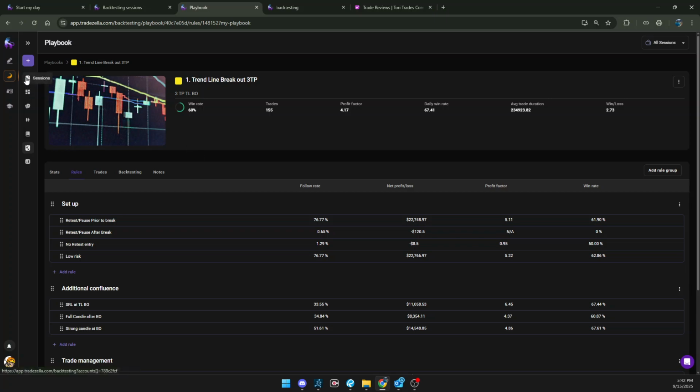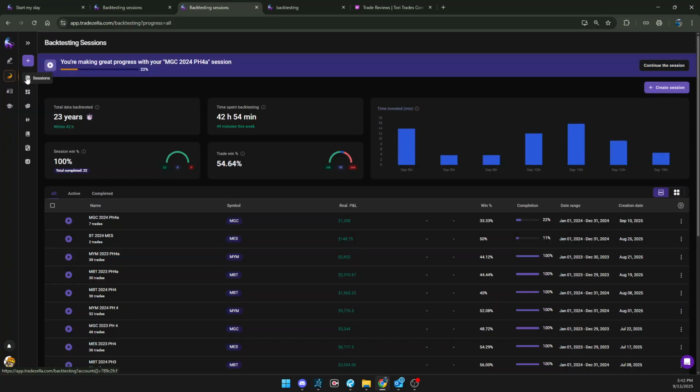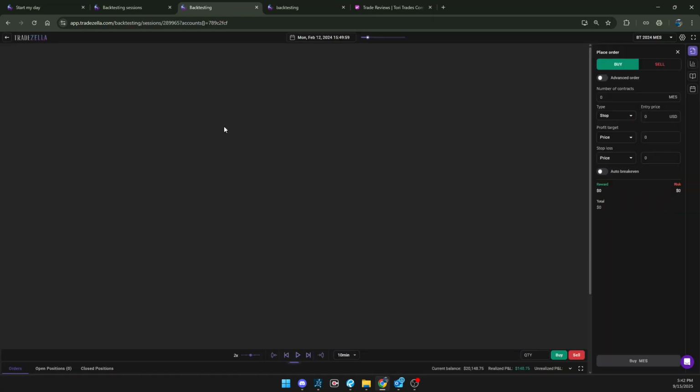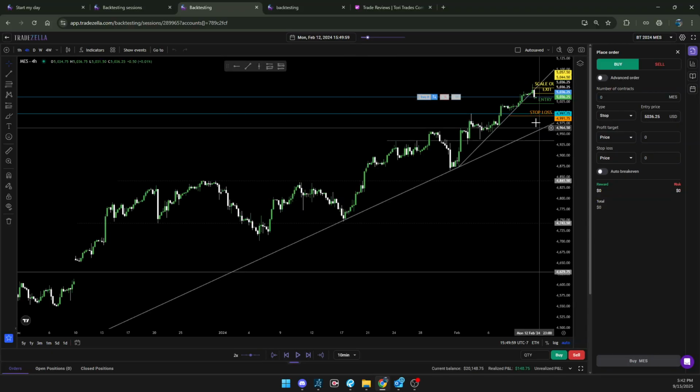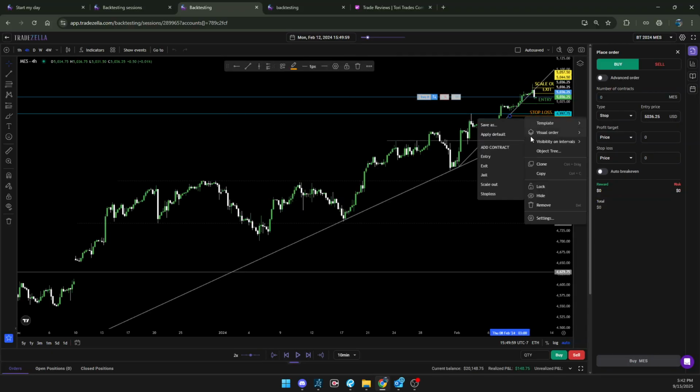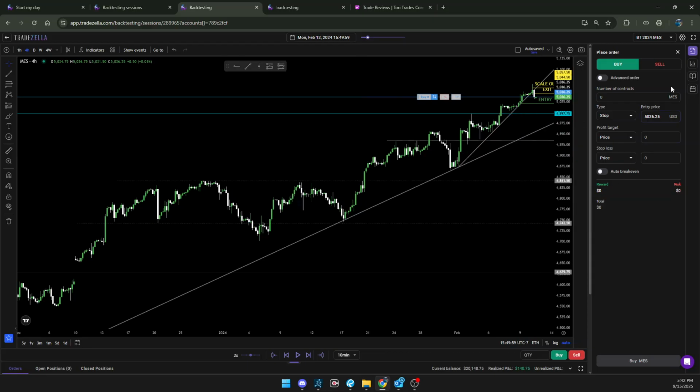We got 15 minutes. If you've been following me here the last few weeks, we've been working on MES in 2024, backtesting the 4-hour time frame. We had one winning trade so far, one losing trade.